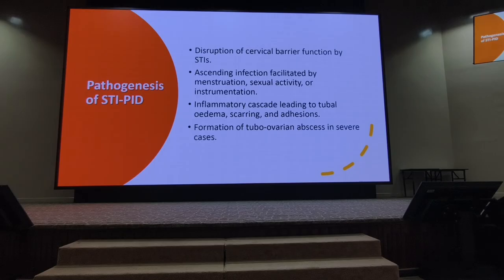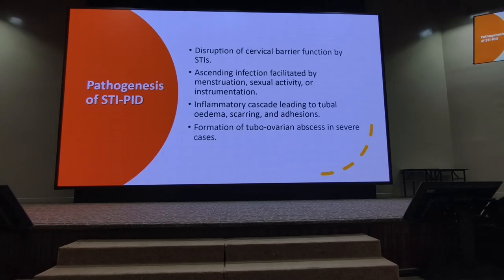When you discharge your menses and the cervical os is open, then you can get a compromise, or during IUD insertion. But we know that with IUD insertion, the risk of infection is the most in the first 3 weeks. After that, the risk is much lower. And of course, during sexual activity, because the sperms need to cross the cervical barrier, and that again is when STI can occur.